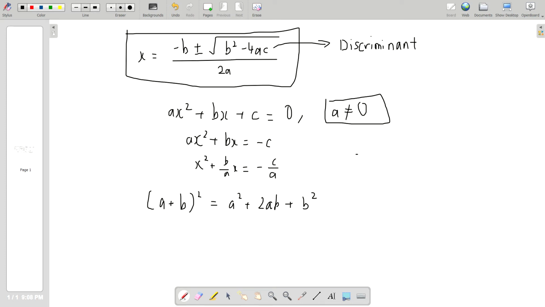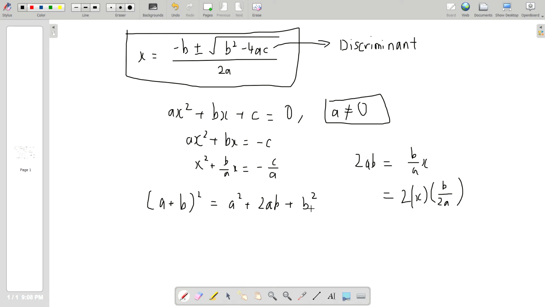So if 2ab, or 2 times something times another something, is our b over a x, this would mean that it's 2 times x, because our a squared is x squared, so our a is x, times b over something, such that it results in b over a x. In this case, our b is b over 2a, because simplifying this gets us b over a x, and it's also in this form, 2ab.